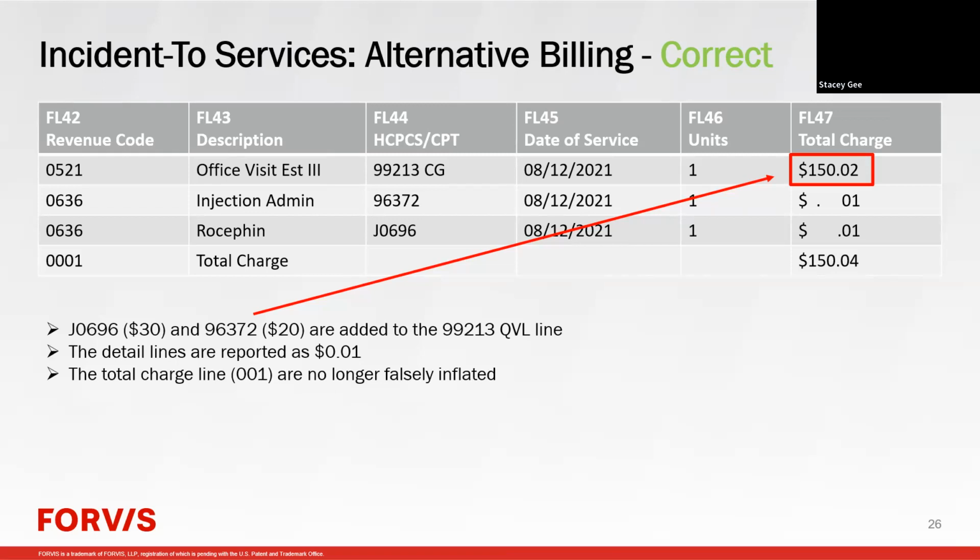We would roll those up into the 99213, which brings it to $150.02 because the detailed lines below it are reported as a penny apiece. So this is really the most correct and accurate way. You're not overinflating your charges. You're providing the detail, but you are accurately reporting the charges as they should be applied. I hope that makes sense to everyone.